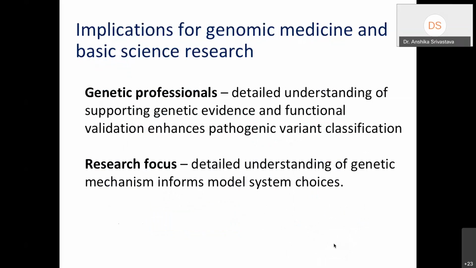So with all this introduction to genomic technologies, I'll now come to a conclusion of my presentation today. These all give us implications for genomic medicine and basic science research. For genetic professionals, this provides detailed understanding and supporting genetic evidence and functional validation that enhances pathogenic variant classification.